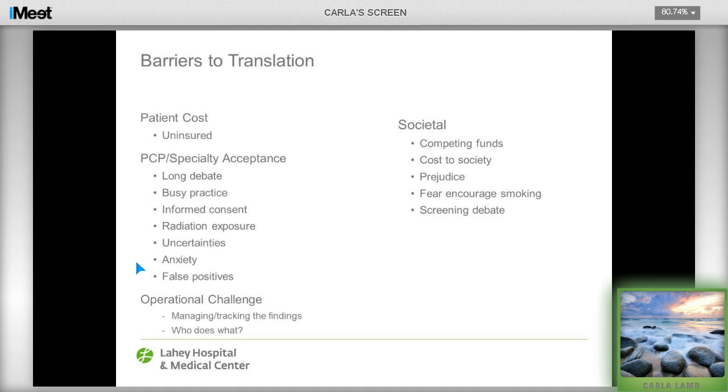It's really important to engage and have front and center the primary care physician, because they really are considered the gatekeepers of screening.